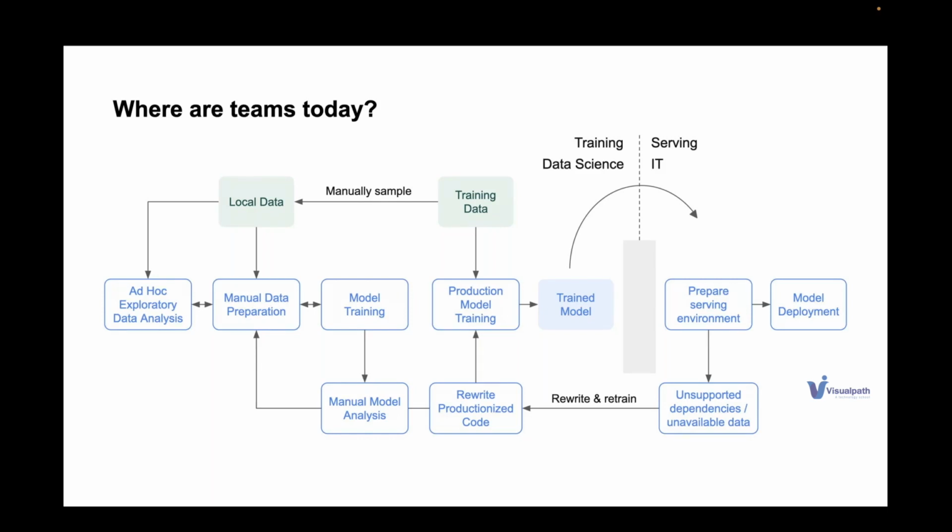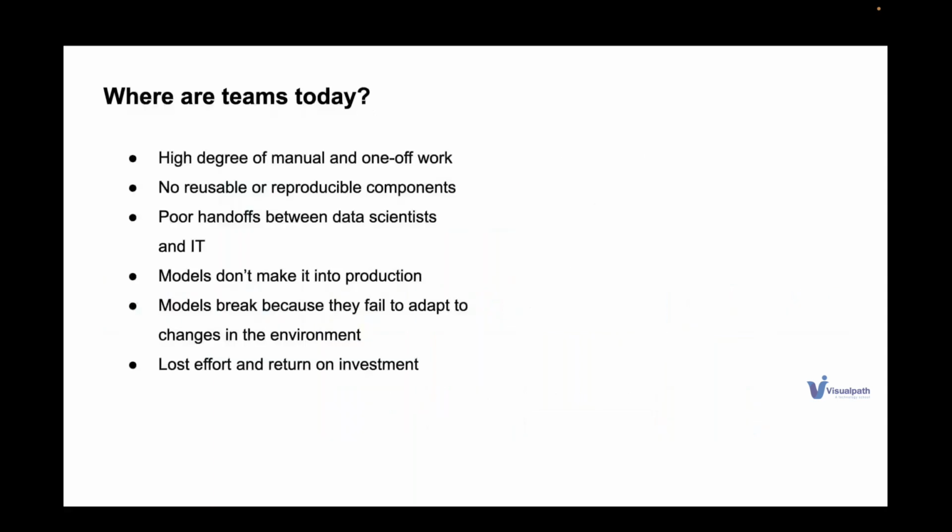So this is the description of the current work that you saw, like where people are today: a high degree of manual work, no reusable or reproducible components, poor handoff between data scientists and MLOps, and then models don't make it to production. These are all the possible issues, and because of this there is lost effort and no return on investment.